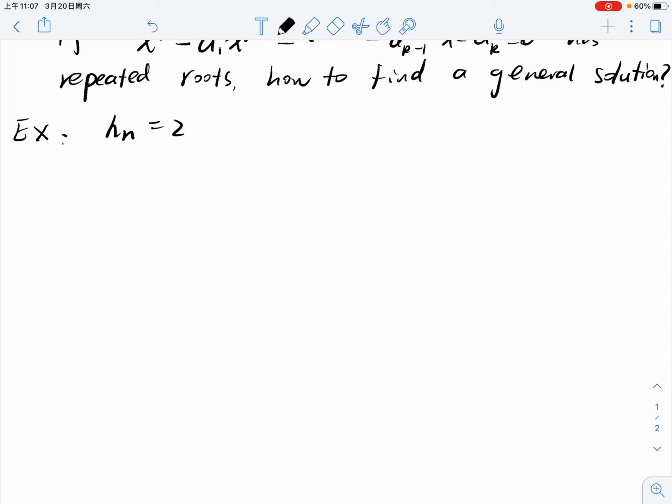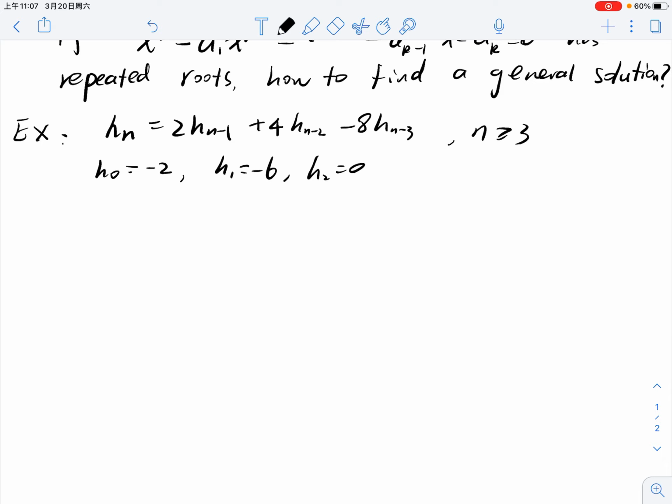Suppose you have the following recurrence relation of order 3, and the initial data is -2, -6, and 0.